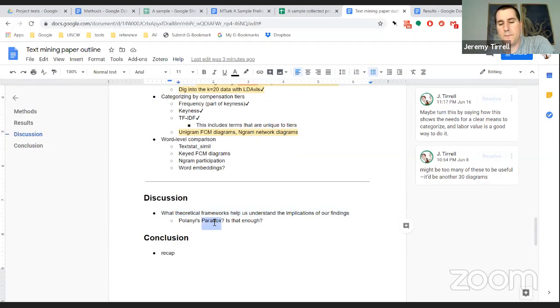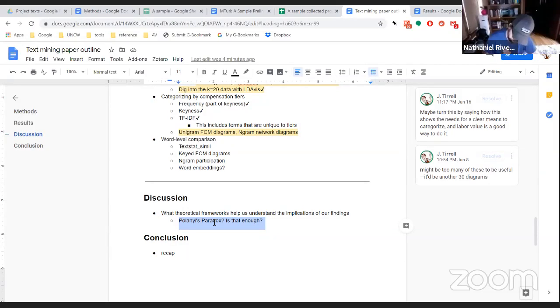What does Polanyi's paradox, for example, let us know about Turk, about the system, about culture based on our findings? So the theoretical is operational, or it's perfectly legitimate to use this to build new theory, right? If that is our goal, we are building new theory. That's what we are doing here.